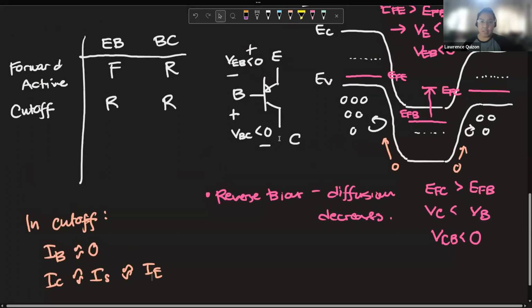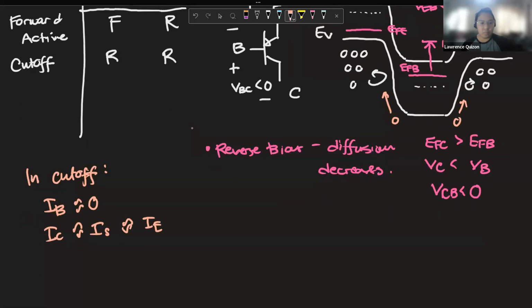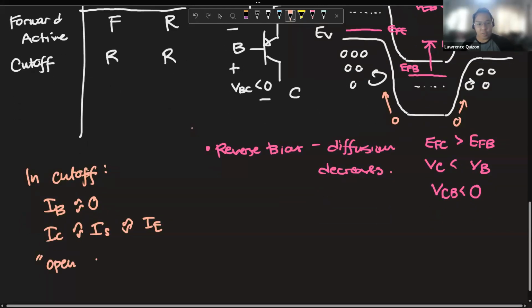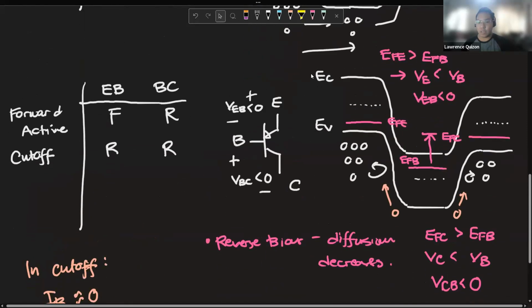Though in practical circuits, when we use this and IB equals 0, then the BJT is off, right? And we essentially get nothing from it. It's an open circuit. So this is essentially an open circuit because it doesn't matter what the voltage difference is between E and C, so long as B is that far down against either of them, no current will pass.